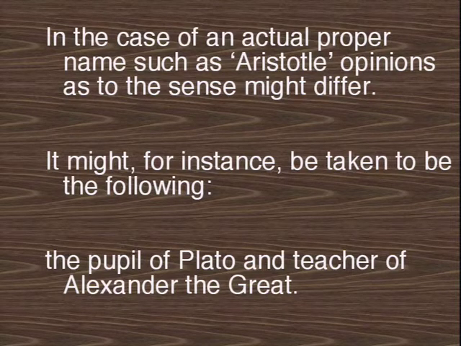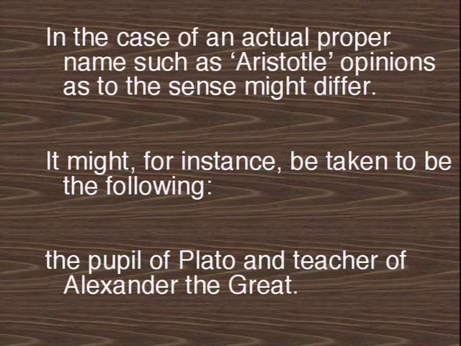I associate with it a description like the hidden hand that saw us safely through these last 10 years. And you associate, I suppose, some quite different description. And so opinions, as Frege says, opinions as to the sense differ. Right? So you get your description associated with it, and I get my description associated with it.